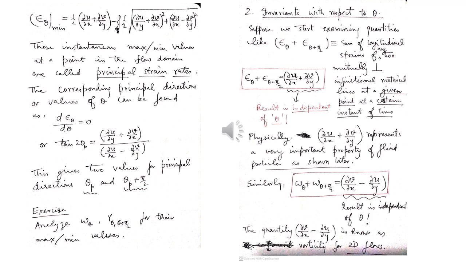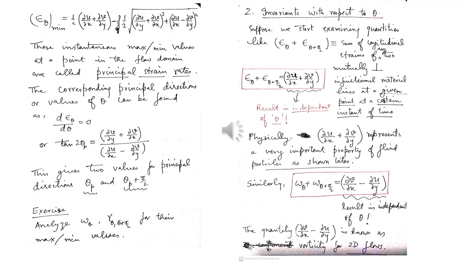So this quantity, which is invariant and doesn't change with theta, or the pair of infinitesimal mutually perpendicular material lines, we call vorticity. You might have heard of vorticity in your earlier course also, but exactly what does it represent physically in the flow field?